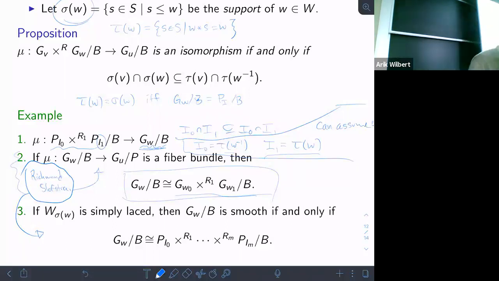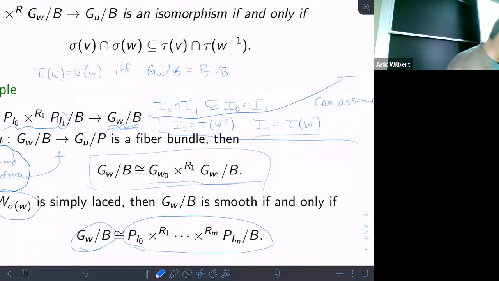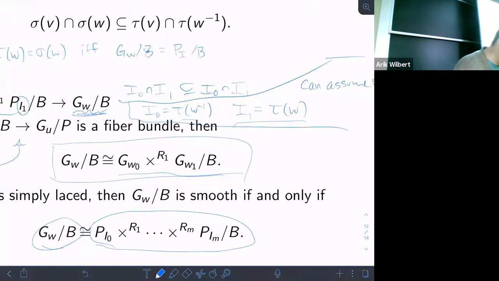Using this description, I was able to say that for any smooth Schubert variety, as long as the Weyl group generated by the support is simply laced, it is actually a quotient, like a product of parabolics with just the quotient there. And the thing I need here, which was really the hardest part of what I did, is that you can assume I naught is tau W inverse, and I1 is actually tau W.